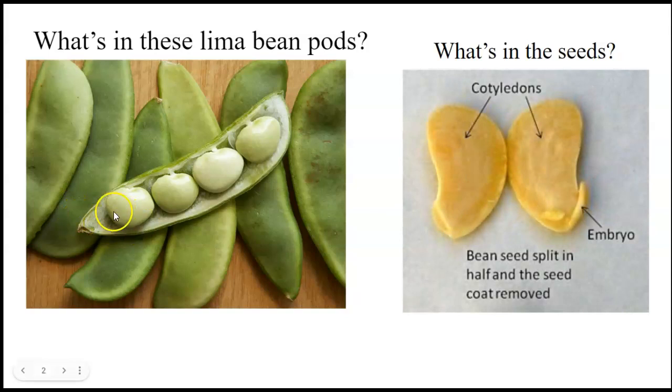So if we open one of these up in lab, which we'll do, they've been soaked overnight, and then the seed coat gets softened and peels off, and so then we can split open the two halves of the seed, and most of the seed is known as the seed leaf, called a cotyledon, and cotyledons are filled with endosperm, which is a whole bunch of nutrients, food for this.